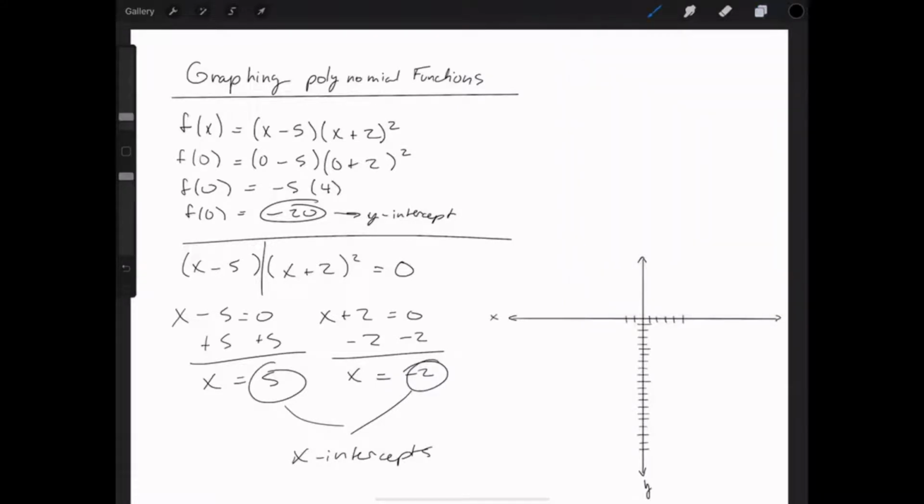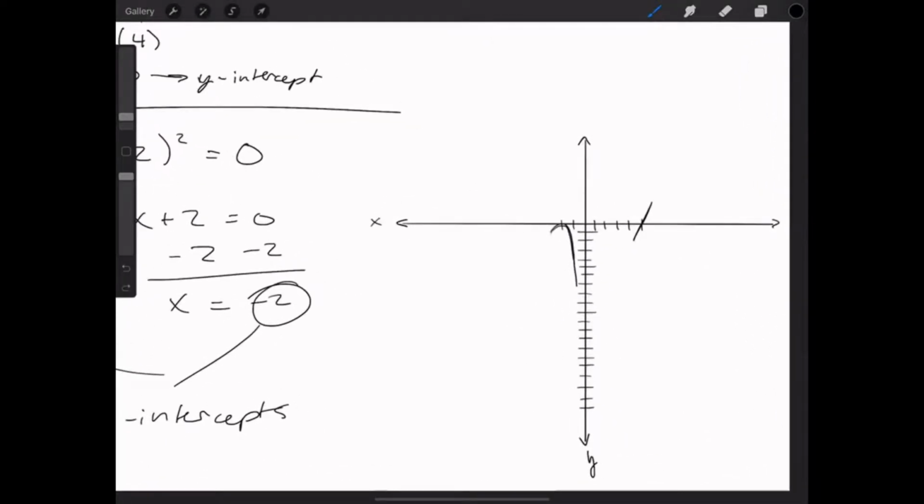It will cross through 5 on the x-axis, but it will end up bouncing off of negative 2 because it has a multiplicity of 2. So it'll be like that. And we know it's going to go this way rather than that way because we have a y-intercept of negative 20 down here. So it will touch there and then go back up to 5.